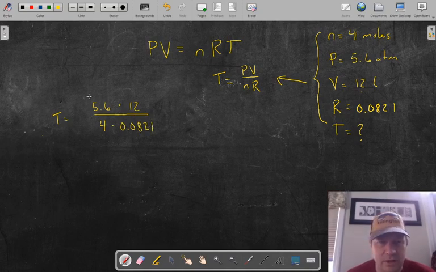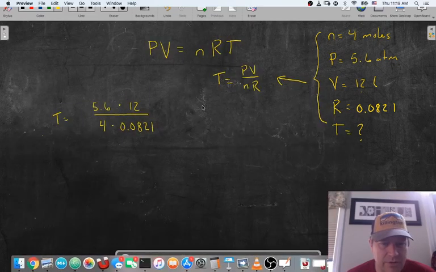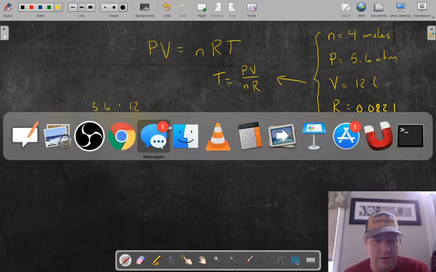If you look at the units, you'll see that the thing about the gas constant is it's got moles, temperature in kelvins, atmospheres, and liters. Well, I've got atmospheres, liters, and moles here. They all cancel out and just leave me with kelvins for the answer. It would take a lot to go through all of that, so just trust me when I say that the units all cancel out to give me the unit you really want there. Let's do some quick math.